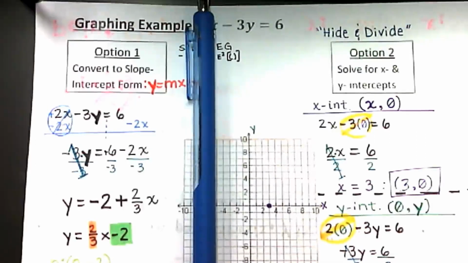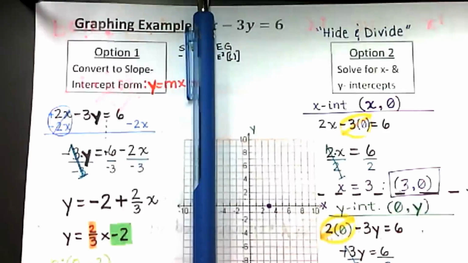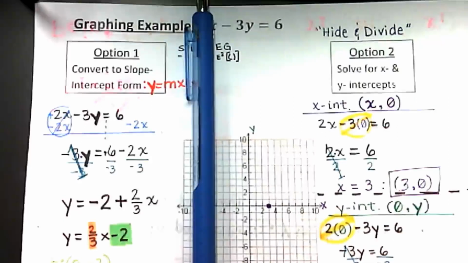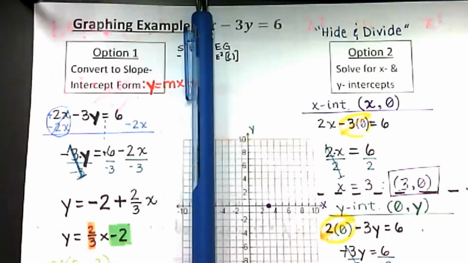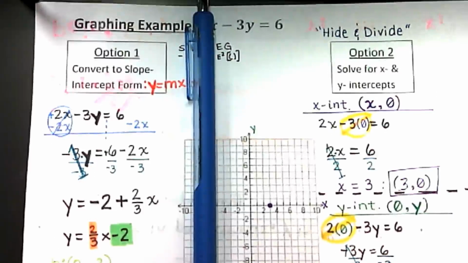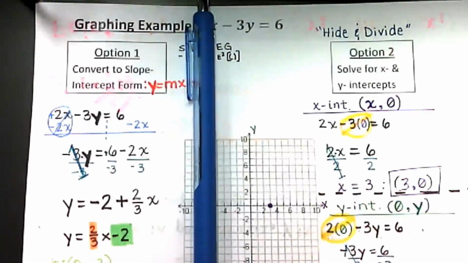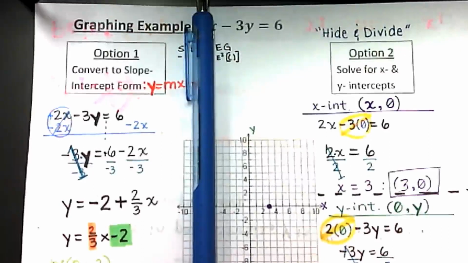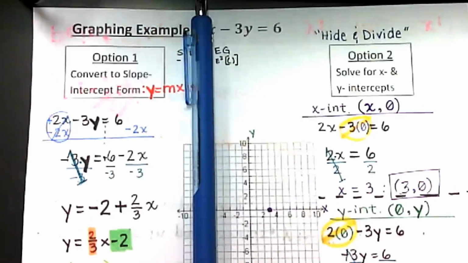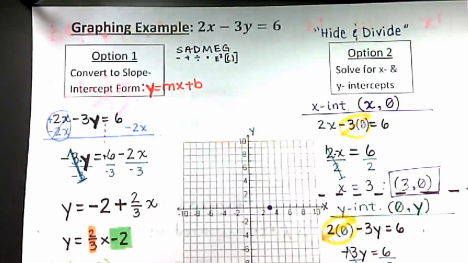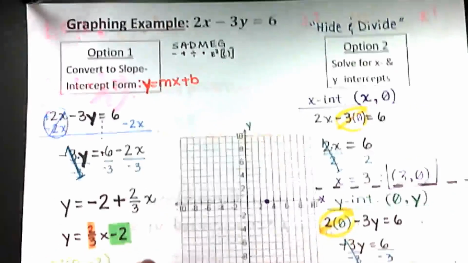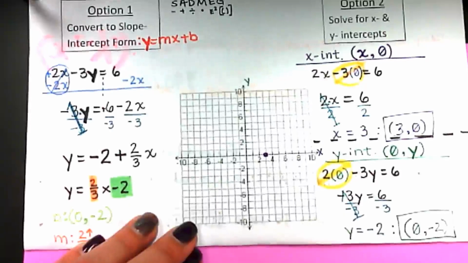And, well, y equals negative 2. So therefore, my y-intercept would be 0, comma, negative 2. And I would plot that over here on my y-axis.